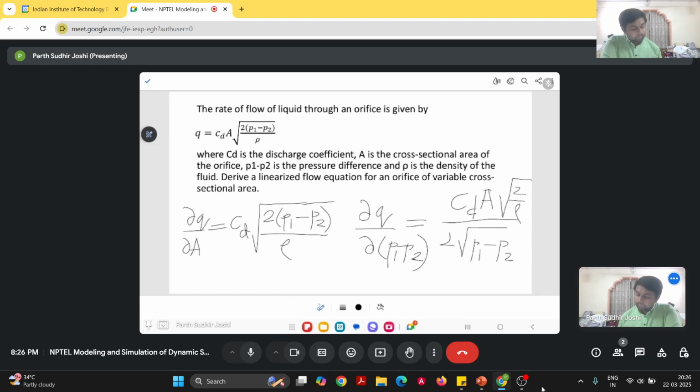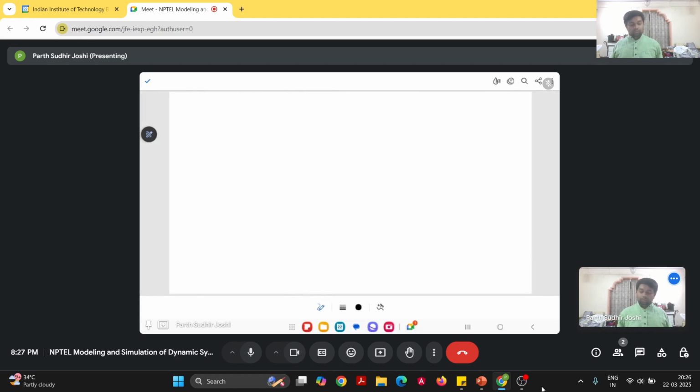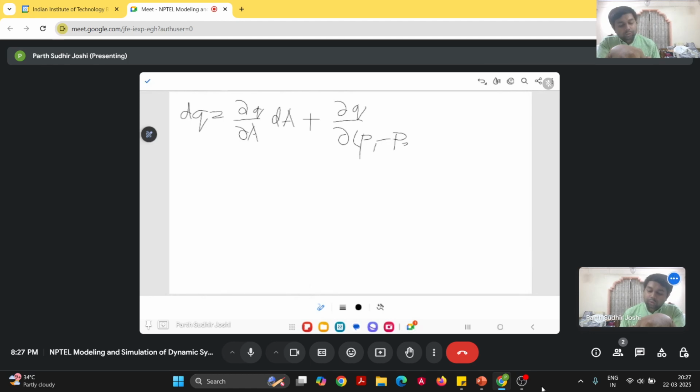So let us call this slope as m1 and this slope as m2. So then we can write that, let us say, the small change dq, we can write it as del q by del A into the differential change in the area dA plus the partial derivative of q with respect to the pressure difference P1 minus P2 into, so this we can write as the general differential equation.